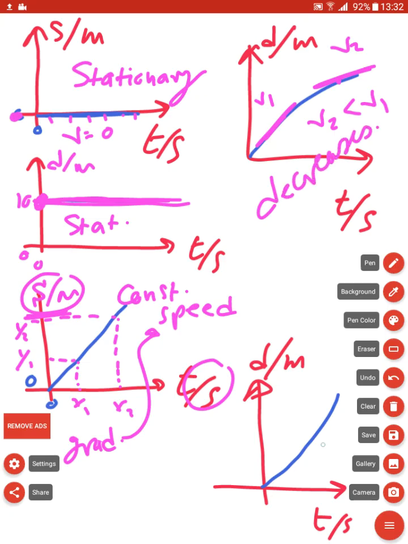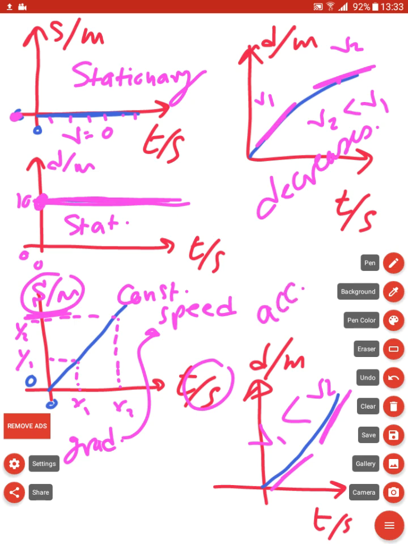Okay, here a tangent, here another tangent. So v2 is larger than v1, the speed is moving up, so the object is moving with increasing speed, the object is accelerating.